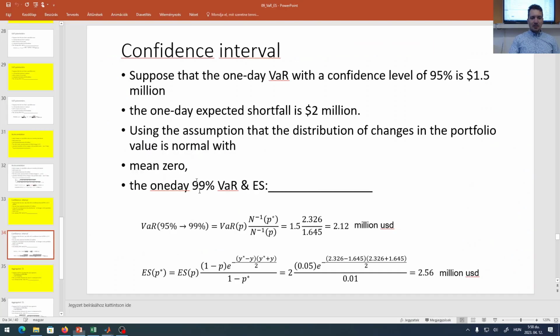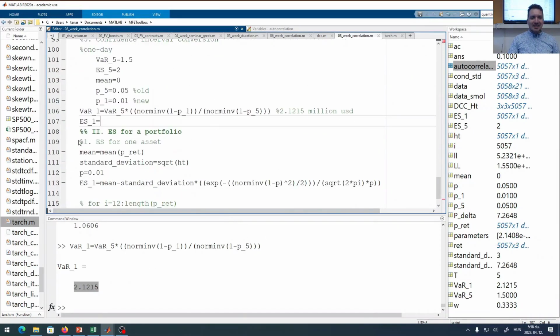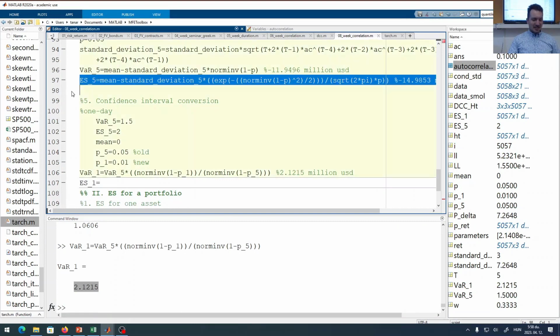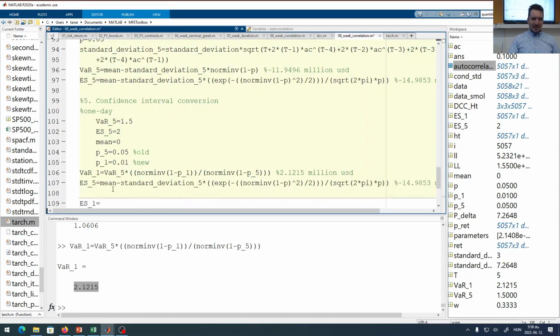Okay, then expected shortfall. Someone hates us. So obviously, we are not typing this whole thing in. So let's start to work nicely.